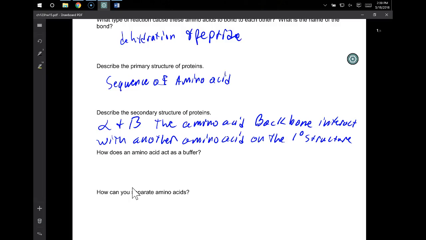It looks very regular because it's the backbone interacting with itself. Since it's nitrogen, carbon, carbon, nitrogen, carbon, carbon, it's very regular along the sequence. So I'm going to get something that looks very regular, a bunch of stairs or a nice alpha helical. So anytime I'm looking at a secondary structure, I'm looking at something that's going to be a regular repeating pattern.